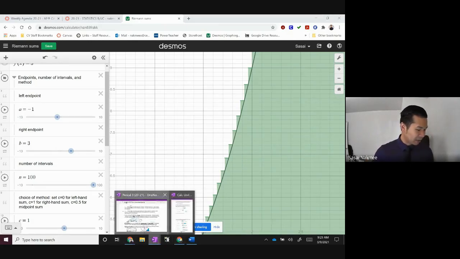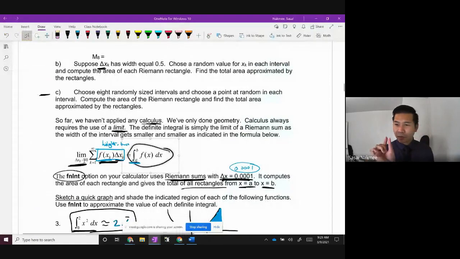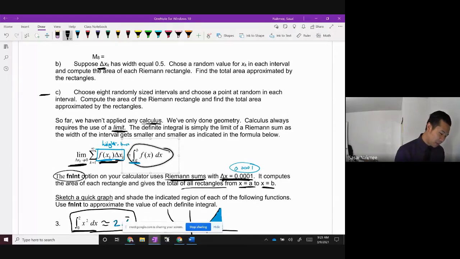That's what makes this calculus: the limit as your rectangles get infinitely smaller, the widths of your rectangles, not the heights. The widths approach 0. The summation of those areas gives you the total area underneath the curve from A to B. And we use this symbol right here called the integral, not the integrand.